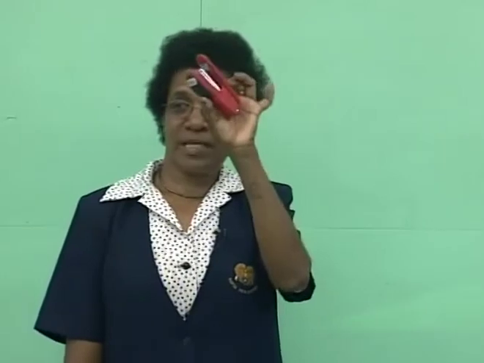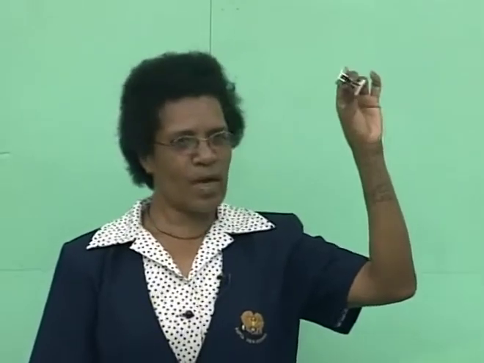What's this? A staple machine. This one? A knife or a butter knife. And this? Okay, it's called a pin remover.